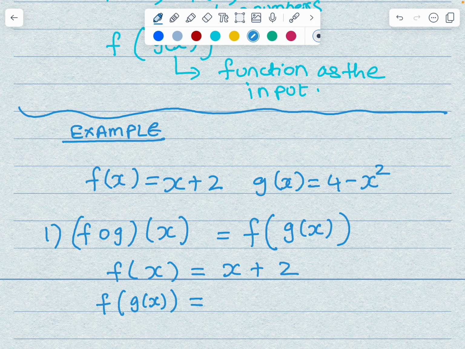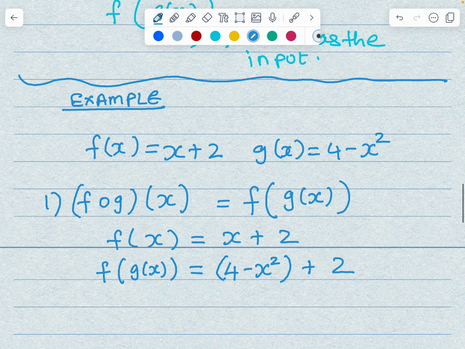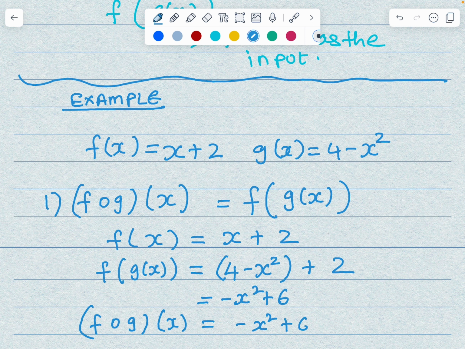That means if there is x, I literally replace it with g of x. So it's 4 minus x squared plus 2. So that becomes minus x squared plus 6. So my answer, f of g of x, is minus x squared plus 6.